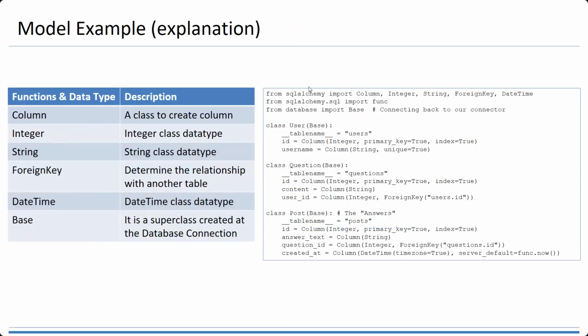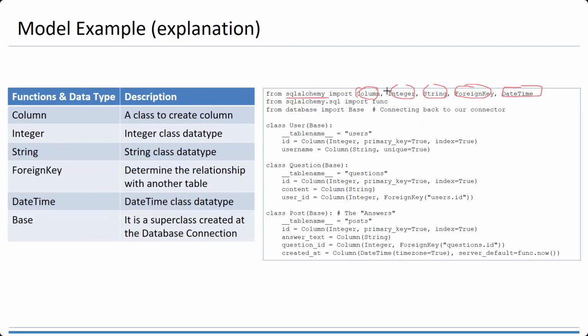For the second file, we again have SQLAlchemy. Now we are going to import some important libraries from SQLAlchemy: Column, Integer, String, ForeignKey, and DateTime.